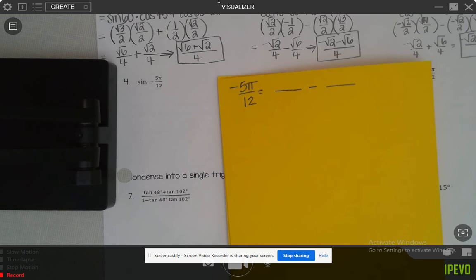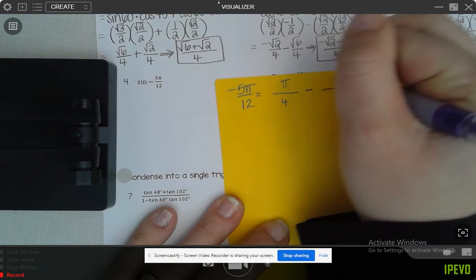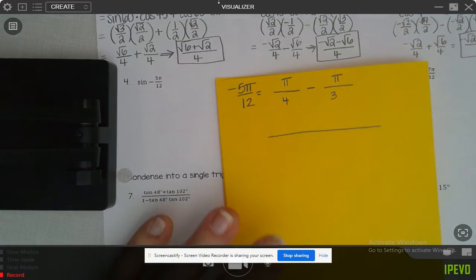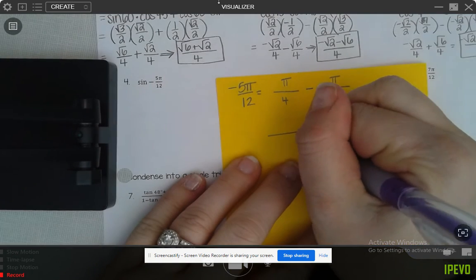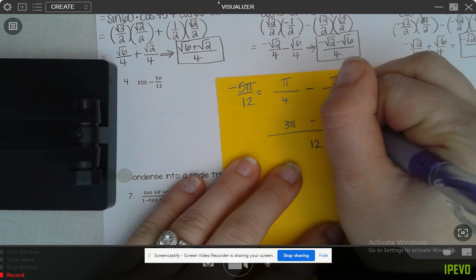Small minus big. So which fraction is bigger, pi over 4 or pi over 3? Pi over 3. So this is going to be pi over 4 minus pi over 3. We're starting the same way we did last time, right? So I'm going to do 12. So this is going to be 3 pi minus 4 pi.